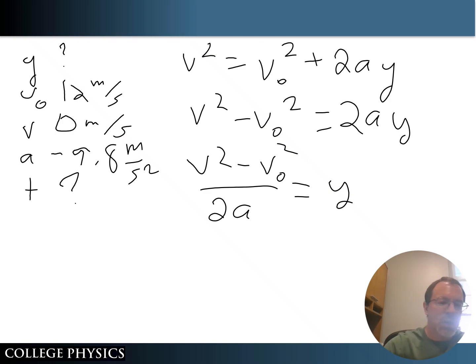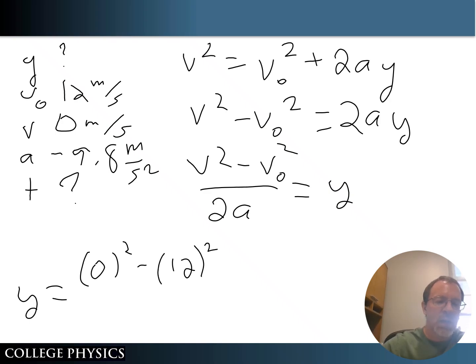And now we have an expression for y. The final velocity is 0. The initial velocity is 12 meters per second. I'm going to drop the units again just so that I have a little bit less writing to do.